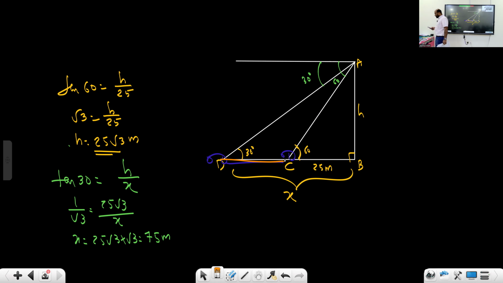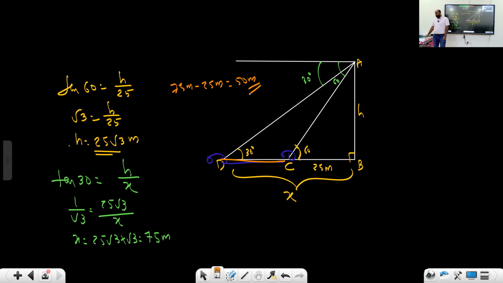Therefore, required distance is 75 meter minus 25 meter. How much? 50 meter.